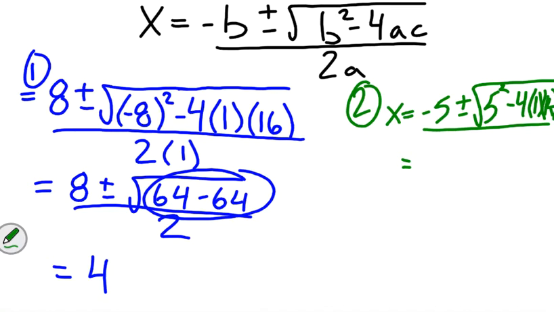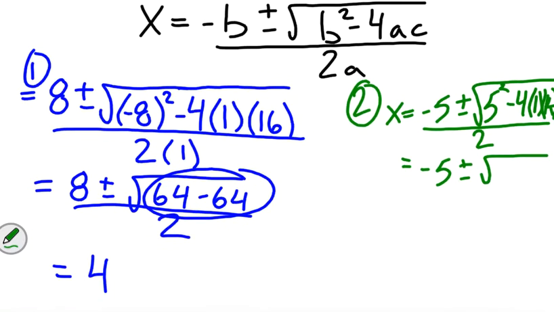Over 2 times 1, which is just 2. So we get negative 5 plus or minus the square root of 25 minus 4 times 14, which is 56. So we get negative 31. Just let me make sure that all my signs are right, and they are.